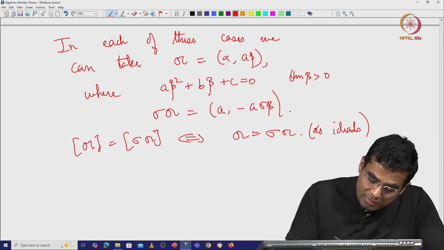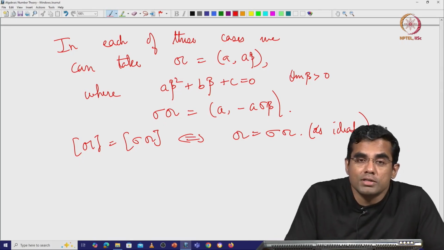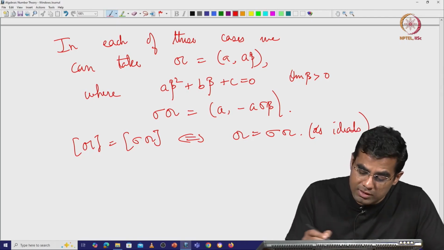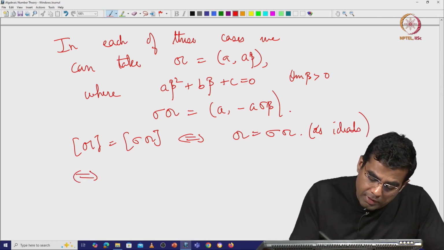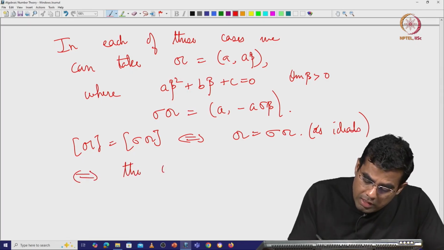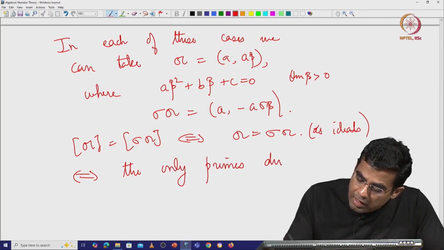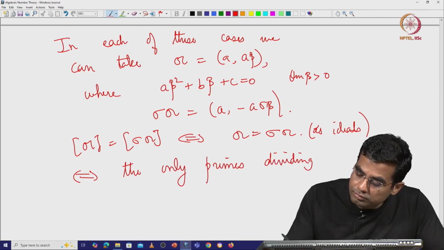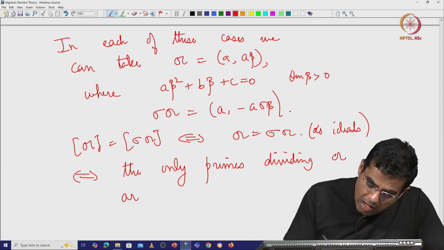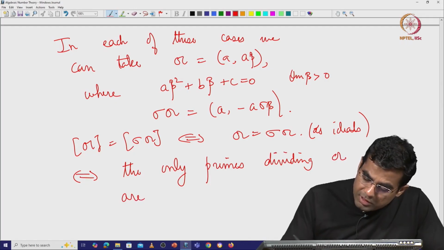What does that mean? If you have understood the course up to now and how the prime decomposition works, this means that the only primes dividing A are prime ideals. So, primes means prime ideal.